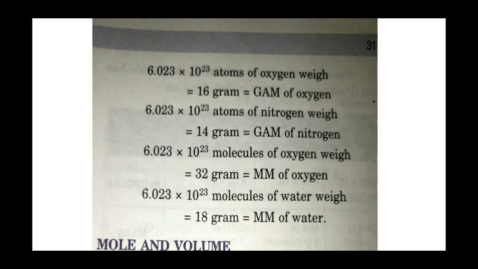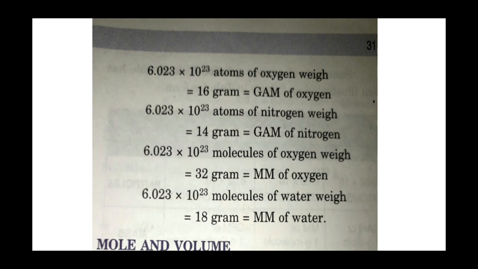Now afterwards I want to tell you that 6.023 into 10 raised to power 23 atoms of oxygen weigh 16 gram. And 6.023 into 10 raised to power 23 atoms of nitrogen weigh 14 gram, the gram atomic mass of nitrogen.